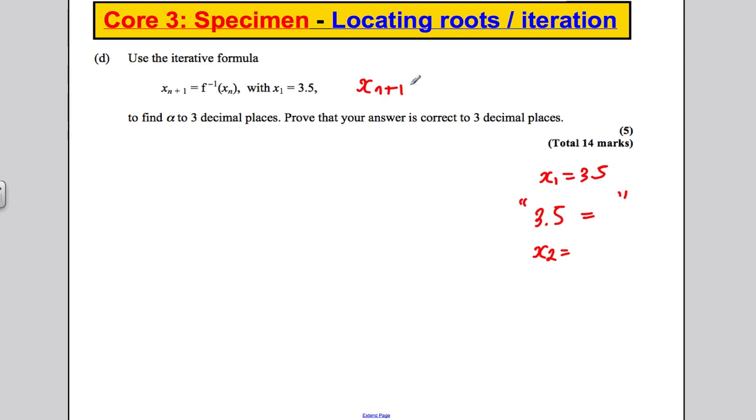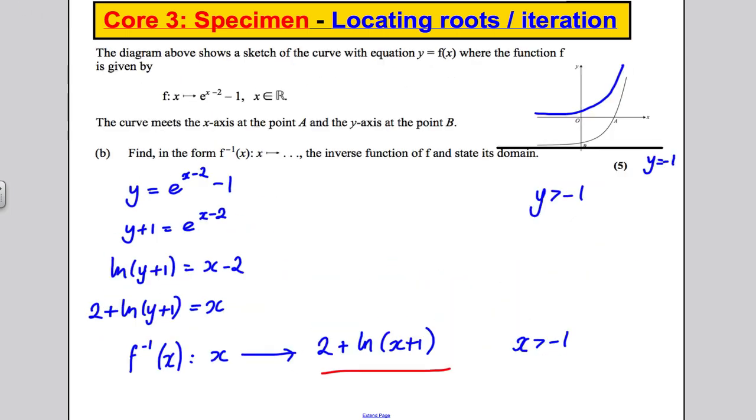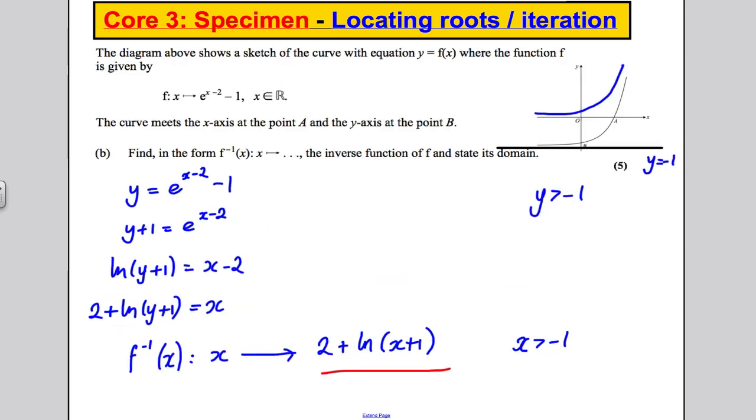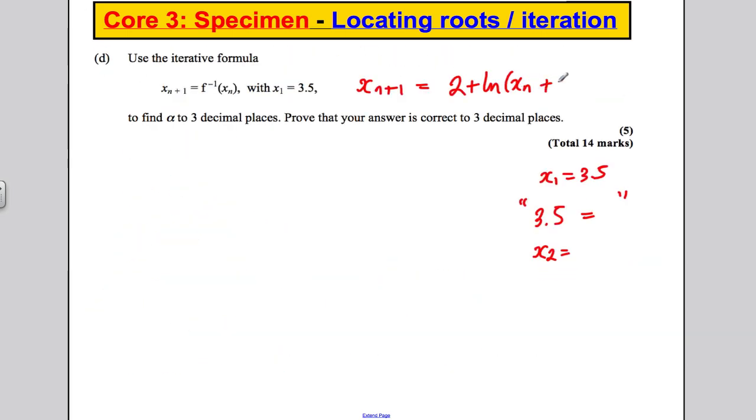e to the x to the n plus 1 is equal to 2 plus ln xn plus 1. So to get x2, we would type in 2 plus ln ans plus 1, and we would keep pressing equals in order to find an appropriate root.